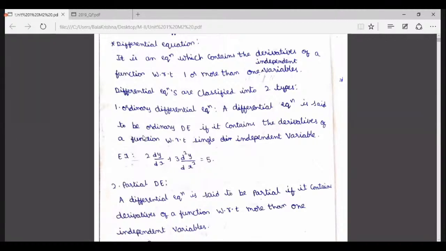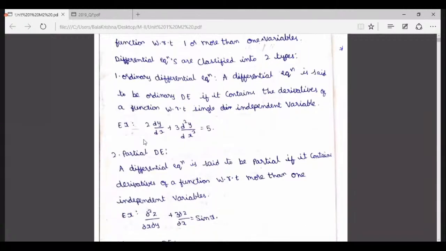That means you will be having the differential equations for functions in the form y is equal to f of x, that means one independent variable only. When the function is there with more than one independent variable, there you will be having the second type, that is partial differential equations, which contain the derivatives of a function with respect to more than one independent variable.